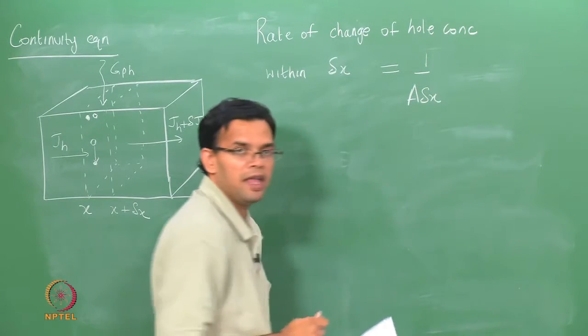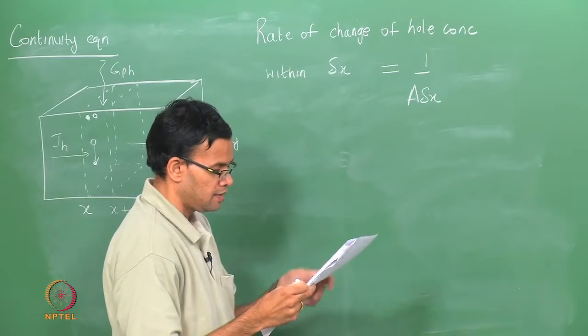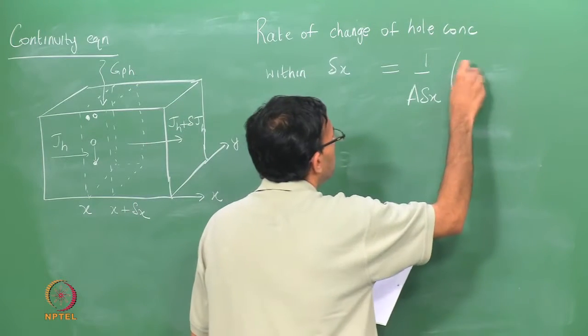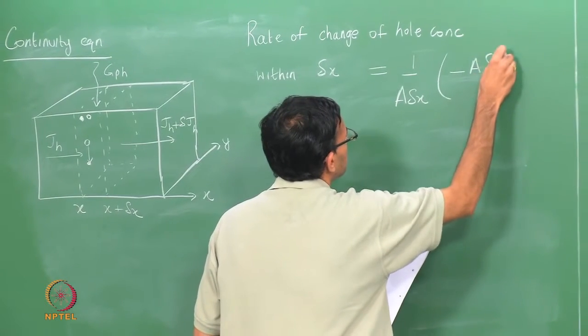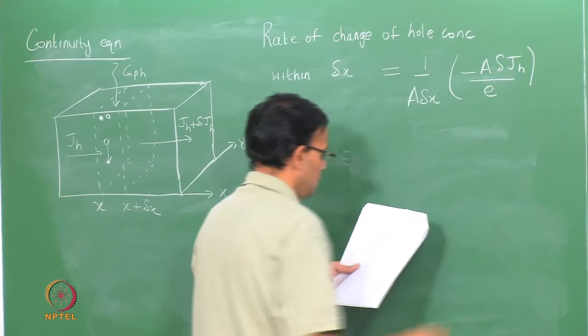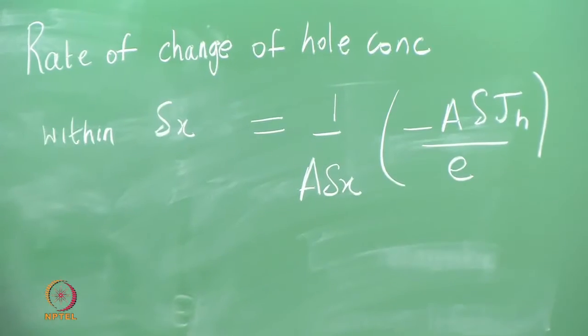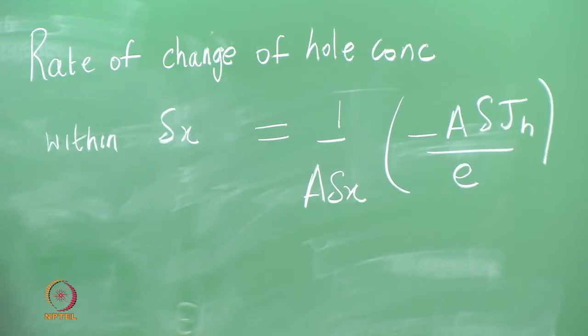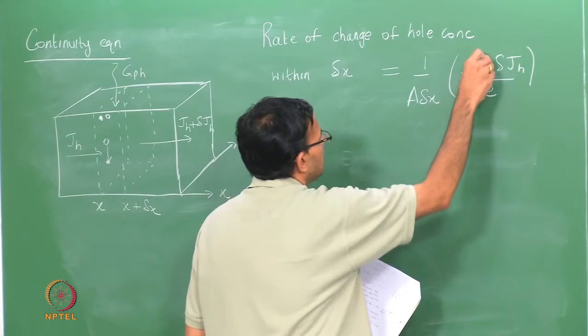So, A is the area, so that A delta x is the volume, minus A delta JH over E. So, delta JH is the change in flux as you go through the region. So, A will essentially cancel.